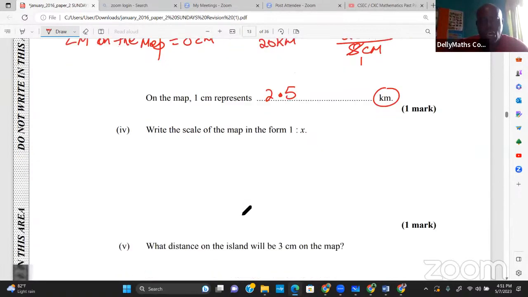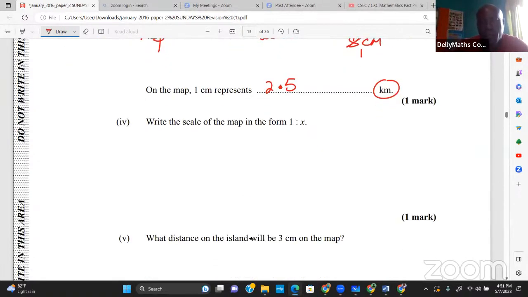All right. Now, this part: write the scale of the map in the form 1 to something. I'll say this to you. The 1 here is always centimeters, okay? Always. It's not maybe. Your graph sheets, your grids, are just centimeters already because it is very appropriate based on the size of your paper.